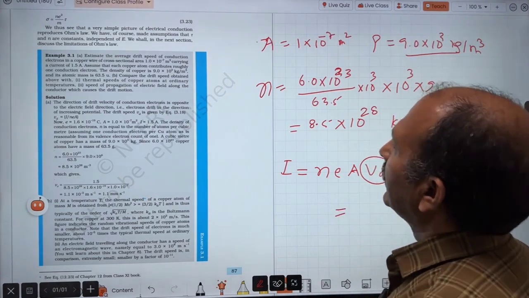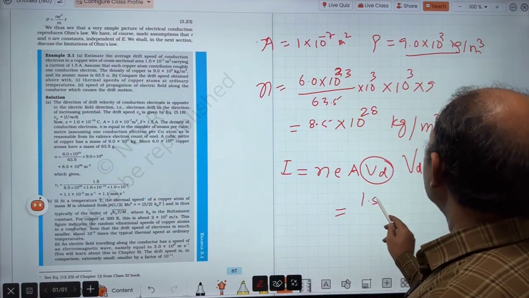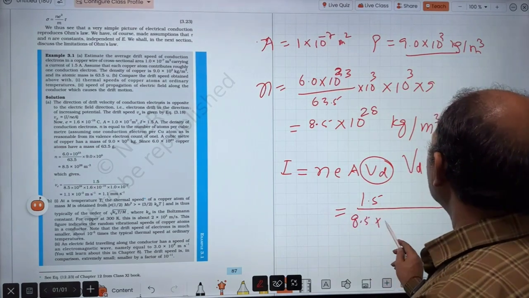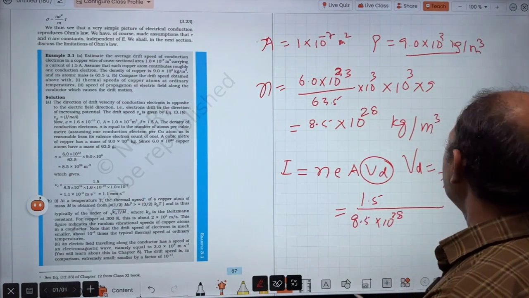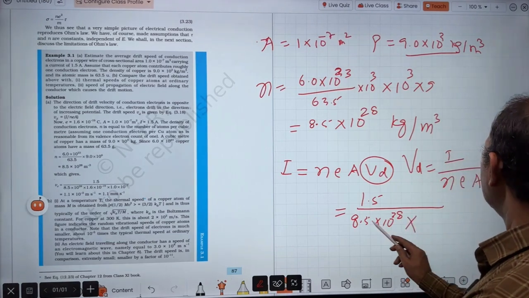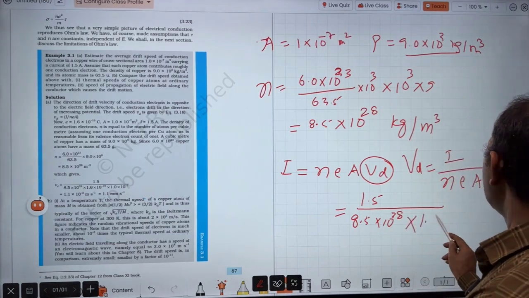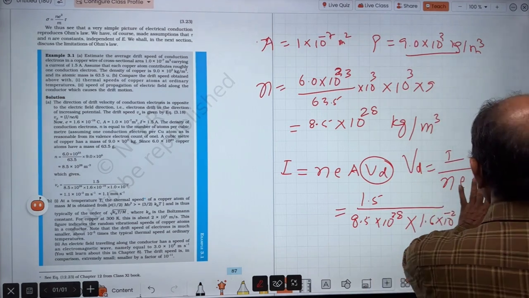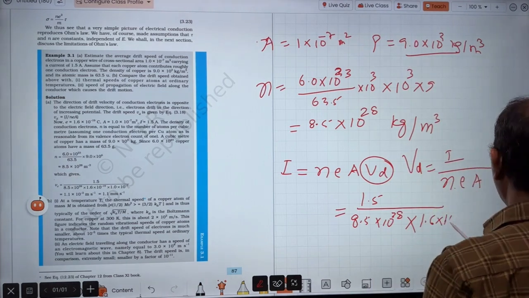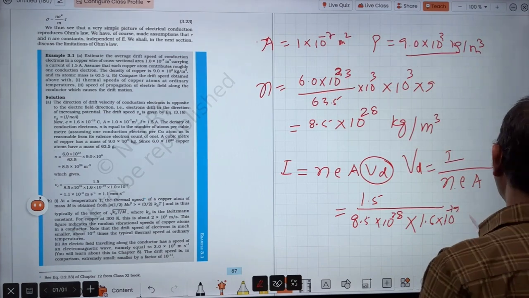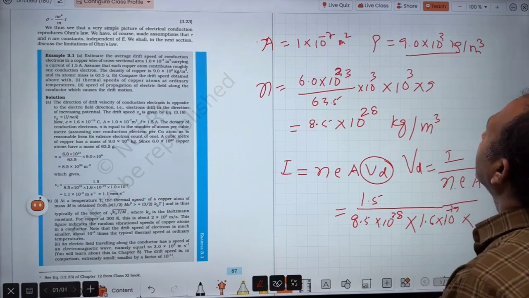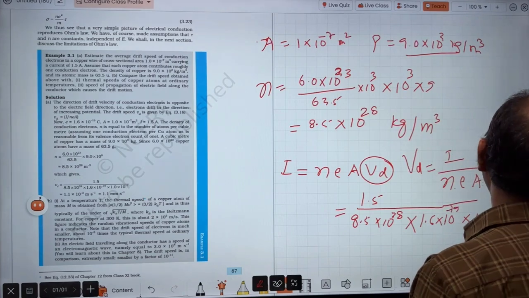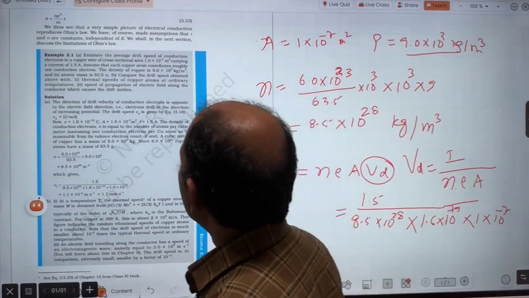We can put the values. The current is given as 1.5. The number density we have just found, 8.5 into 10 to the power 28. And then e is the electronic charge, 1.6 into 10 to the power minus 19, into the area of cross section, which in our question is 1 into 10 to the power minus 7 meter square.